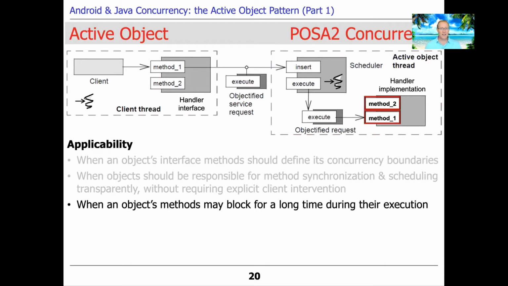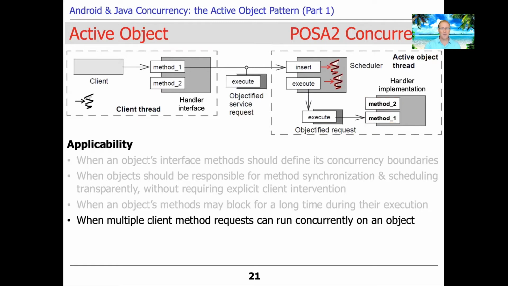Another big motivation, and this is now what's going to start to differentiate this pattern from the monitor object pattern, we want to allow the object's methods to block for a long time during the execution, but we don't want to block the client. And then, of course, another goal here that makes this pattern useful is when you want to have multiple requests from multiple clients, potentially all in multiple threads, running concurrently on an object at the same time.